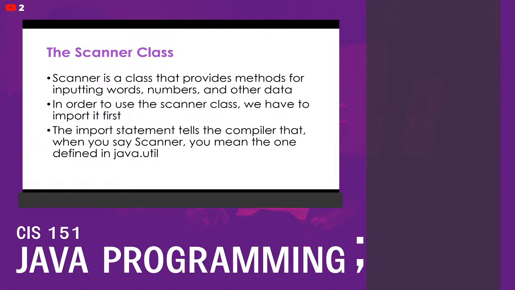Now this import statement tells the compiler that when you say scanner, you mean the one that's defined in the library of java.util. You'll see more about what that means in just a little bit.